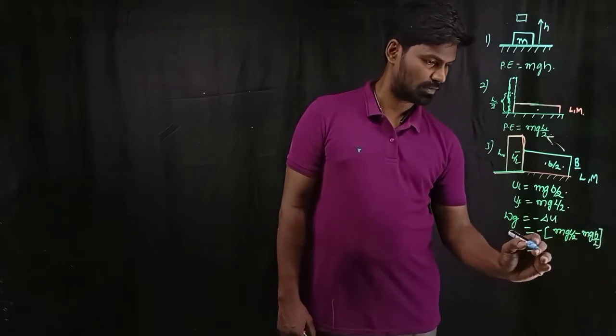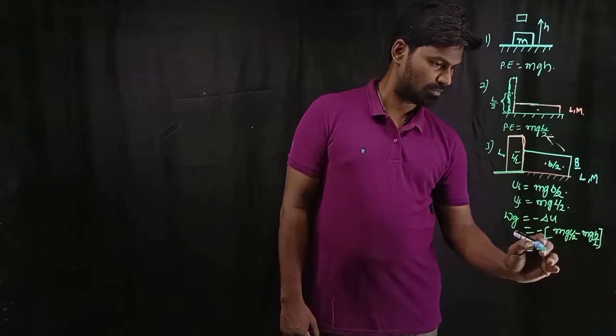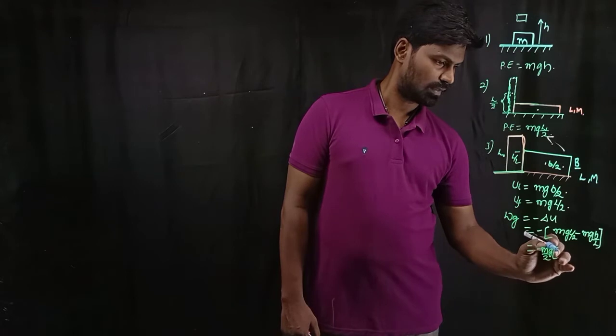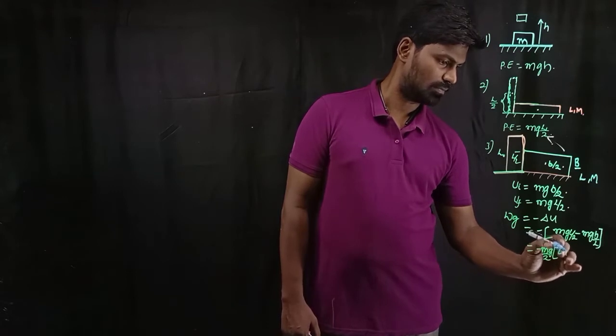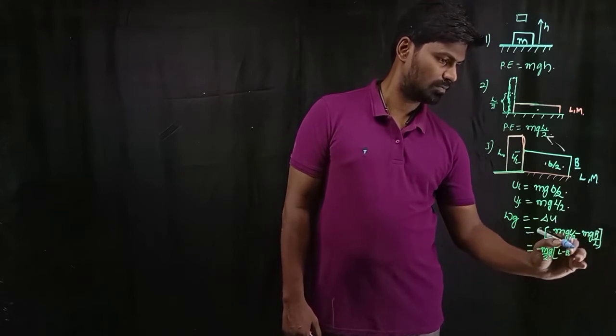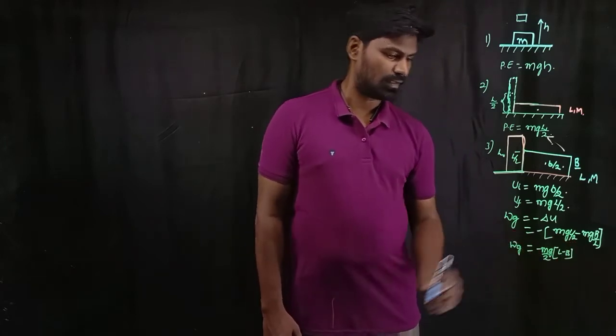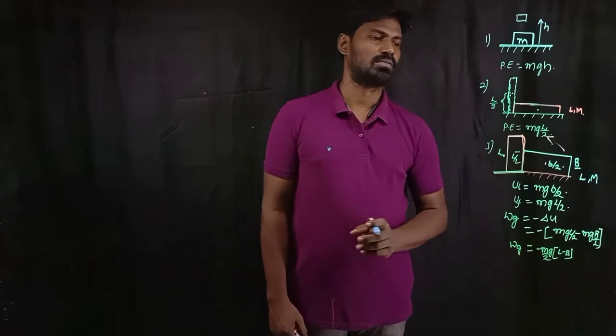That is equal to minus mg divided by 2 into (L minus B). This is how I calculated the work done by gravity in the case of a continuous mass distribution.